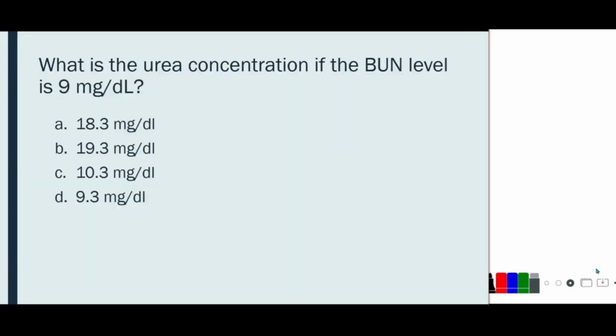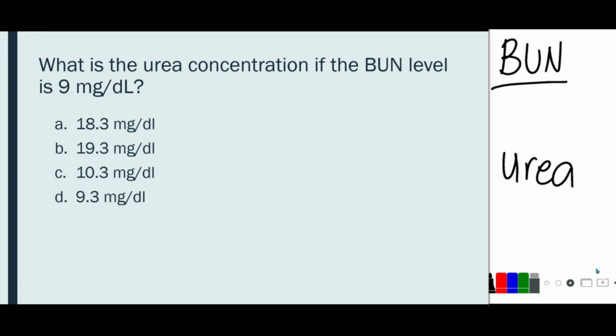Let's have the next question. What is the urea concentration if the BUN level is 9 milligrams per dL? So take note of this, guys. Even though BUN and that of your urea are two terms which are used interchangeably, there's actually a difference between these two. When we talk about BUN, your blood urea nitrogen, this originates from the fact that traditionally, urea is being measured based on its nitrogen content.